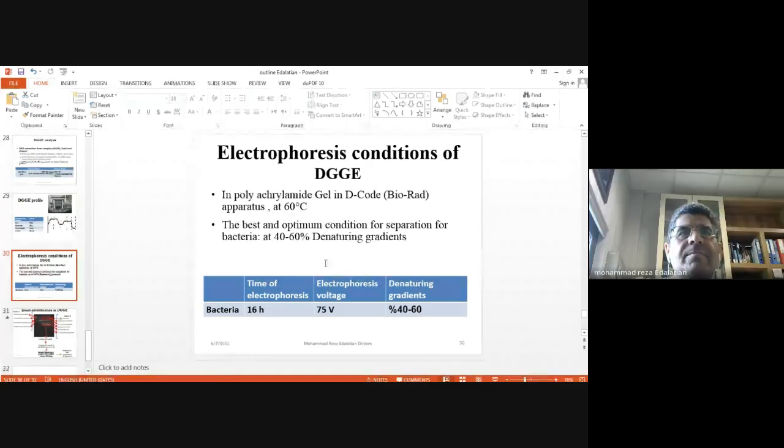Okay. And here is the electrophoresis condition of DGGE in polyacrylamide gel in the DCode or Bio-Rad apparatus at 60 degrees centigrade, and the best and optimum condition for separation of bacteria. For example, if we want to identify bacteria or prokaryotic cells like lactic acid bacteria, the best condition is a 40 to 60% denaturing gradient.